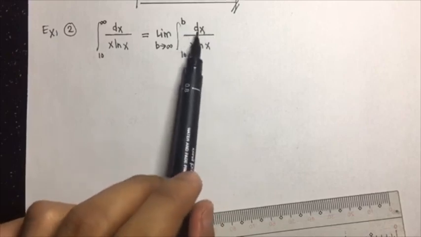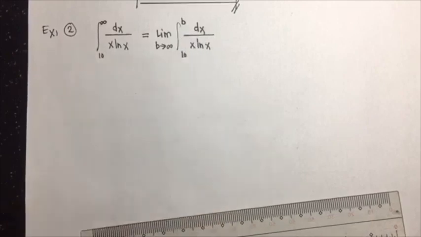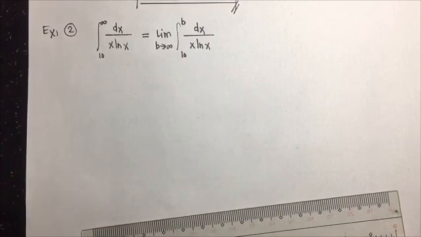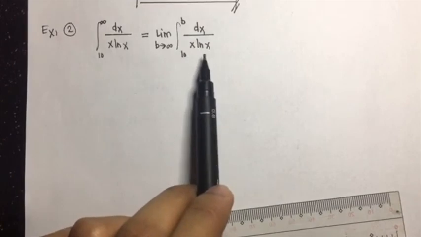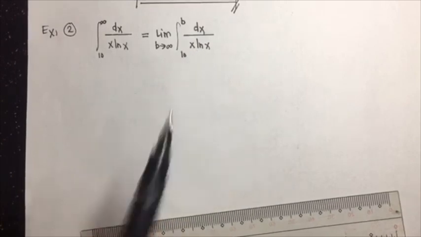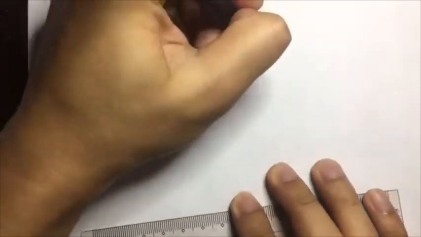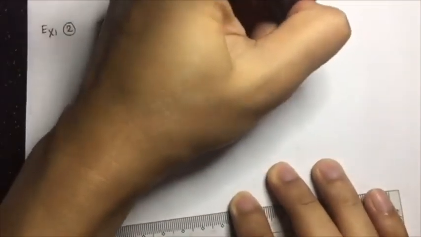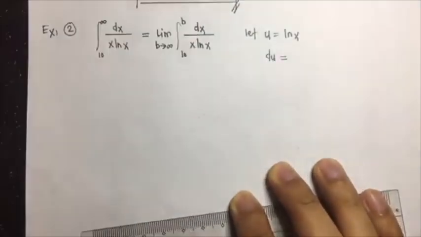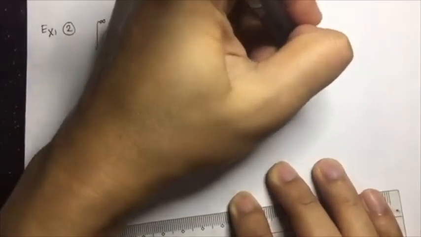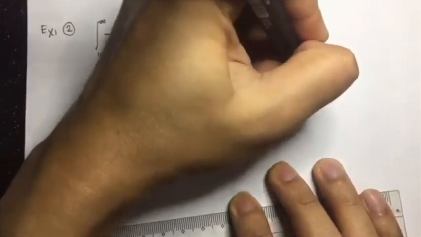Okay, so to integrate this is actually quite tricky. But this is actually just a natural logarithm. So if we let u be ln of x, then its du is dx over x.